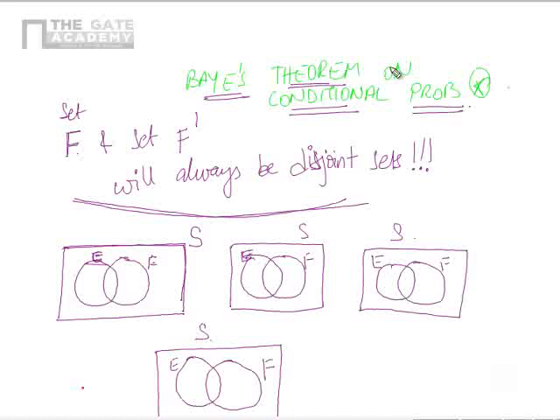Now let me pick a different color. So what is this? This is the set F, correct? Wantedly I am picking different colors. Now what is this?